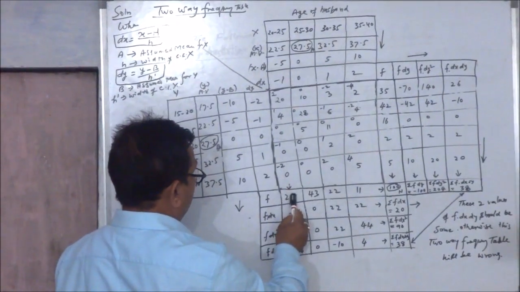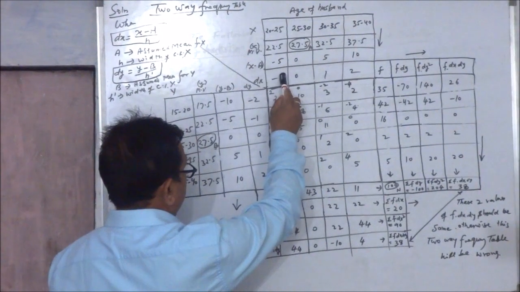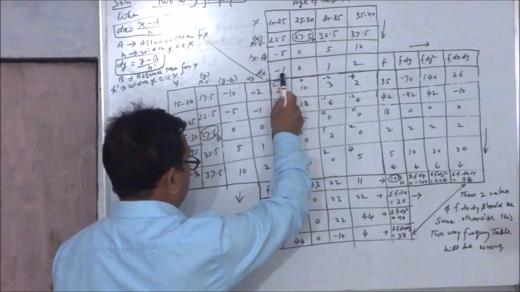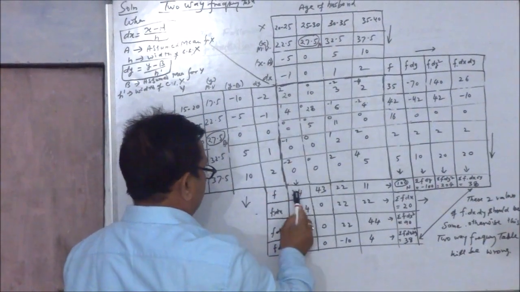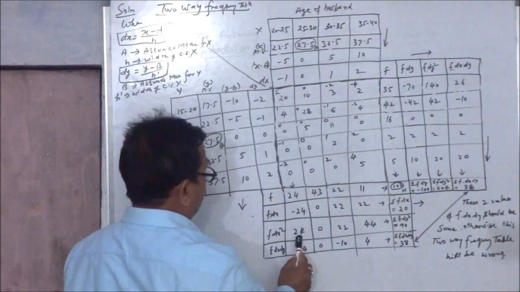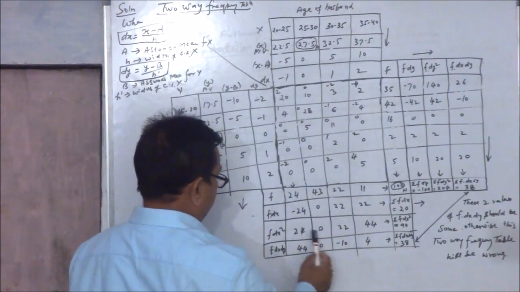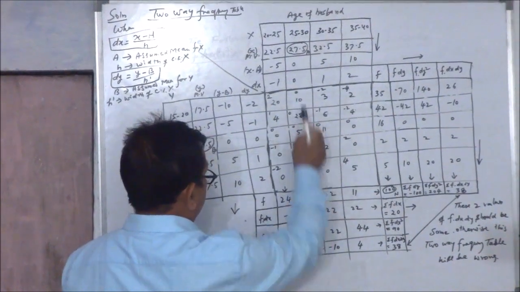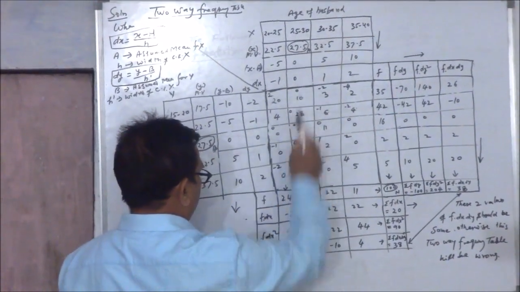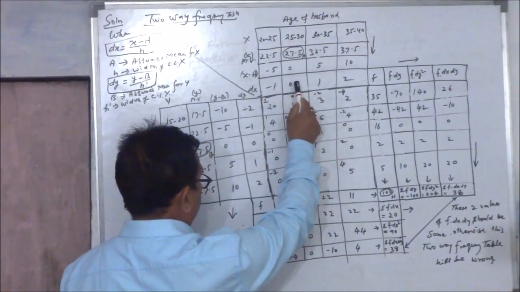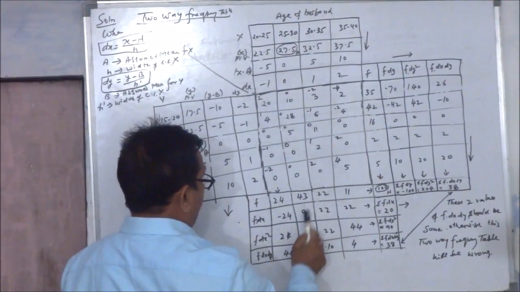Similarly, we can calculate f dx square. f was 24, dx was minus 1. The dx square will be minus 1 whole square, which means plus 1. So this plus 1 will be multiplied by 24. We will get f dx square here in this case. Similarly, we can calculate f dx square for each frequency and the value of dx square. Suppose this part, f is 43, dx square is 0, 0 into 43 is 0.